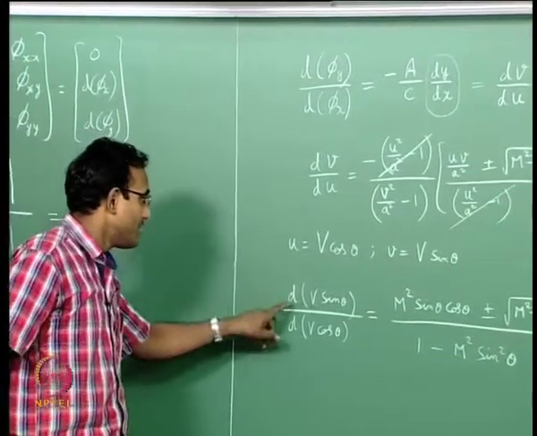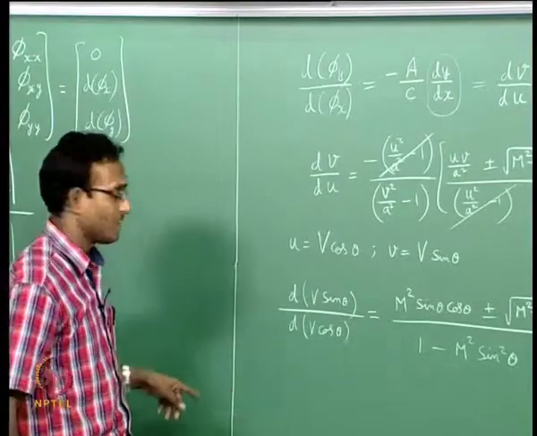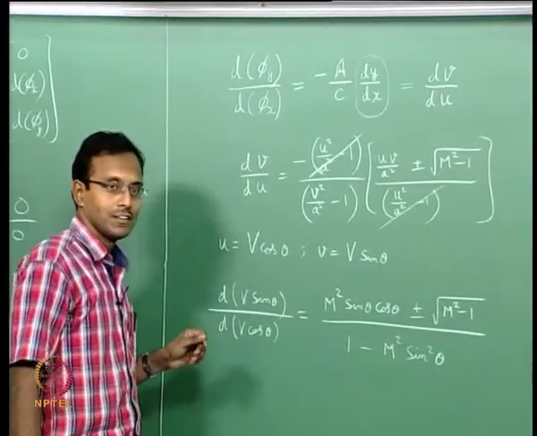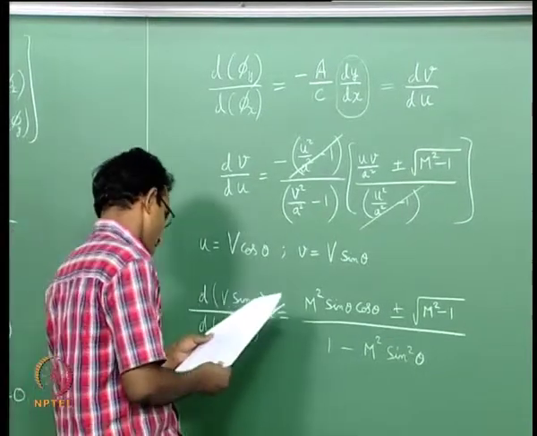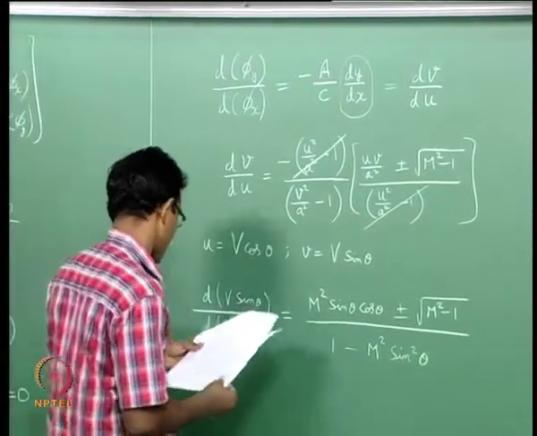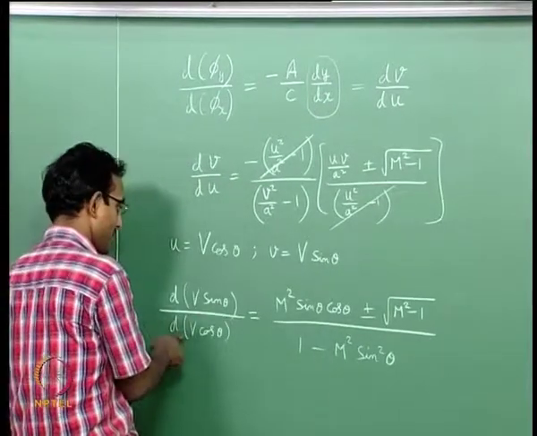Now I still have this d of V sin theta. Now V can vary, theta can vary, so I will expand this again further, okay, and rearrange terms again. How will I do this, d of V sin theta and d of V cos theta?